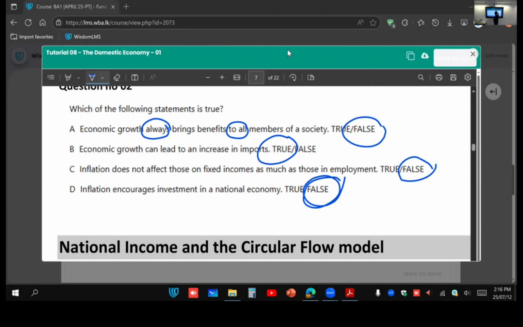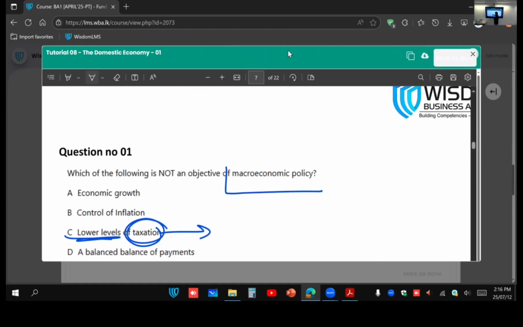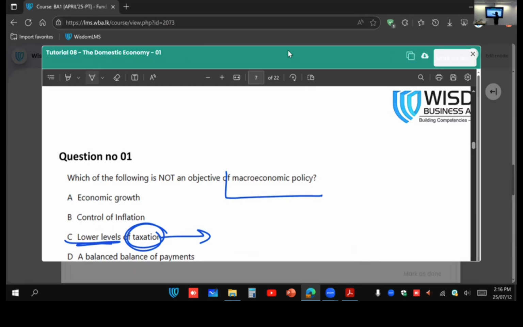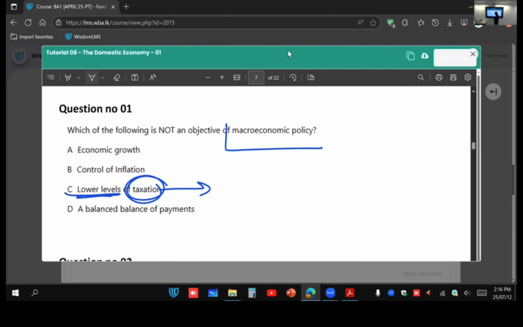Higher levels of taxation, if they say. Question number 1. No, even at that point, that is incorrect. It's not a basic objective.